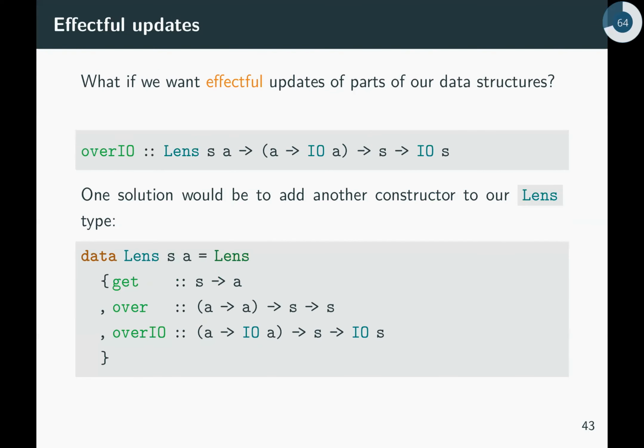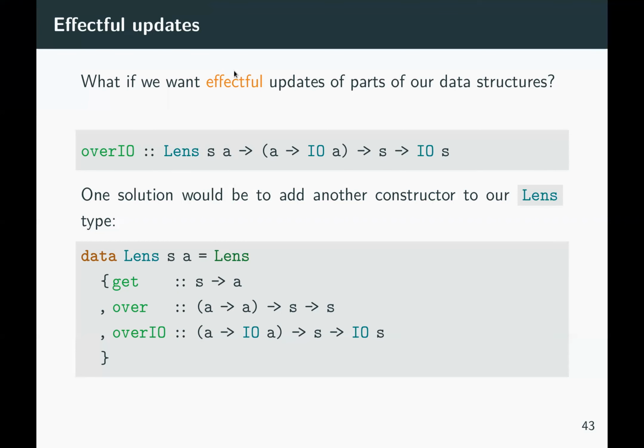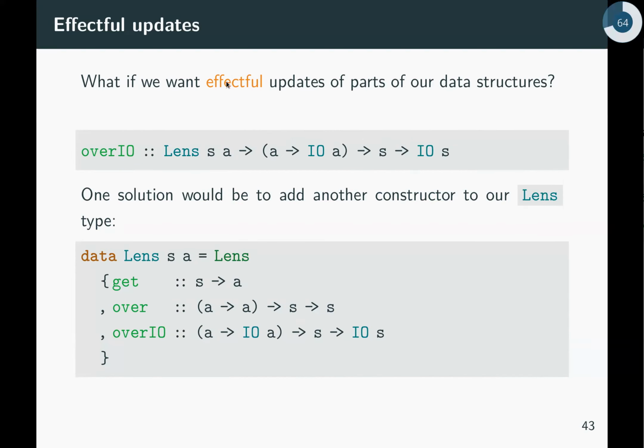So now, next step, we want to have something like over IO. Right. So now the idea is, I mean, that's all very good. We now can get, we can set, and we have over to modify the A inside the S. What if we want to use an effectful update?